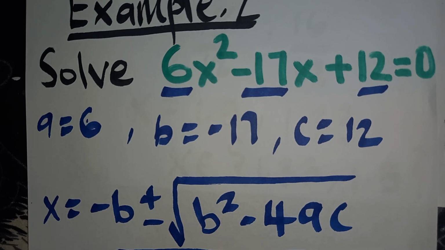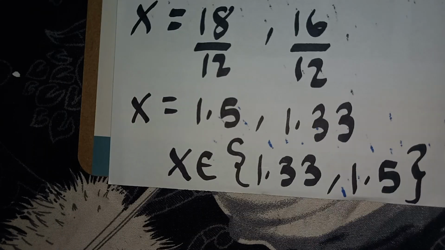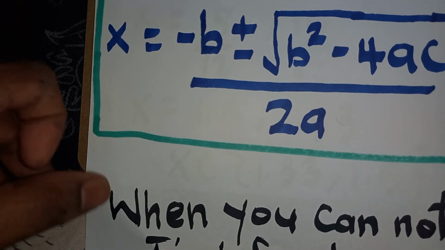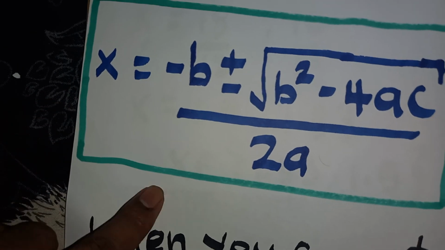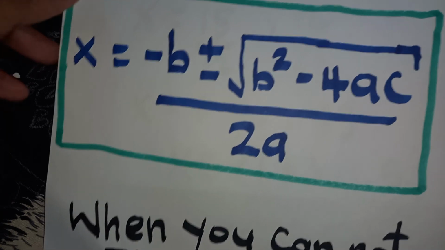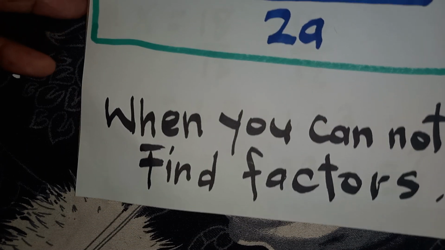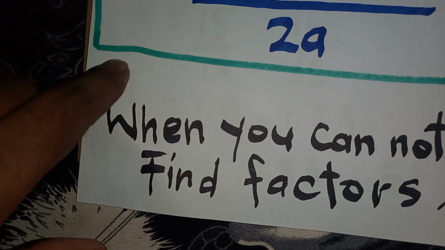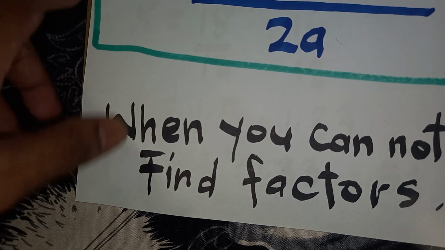Okay, so take note that the quadratic formula can be used even if you are able to find the factors of a quadratic equation, and the quadratic formula is always useful when you cannot find two factors, right? When you are factorizing any quadratic equation.